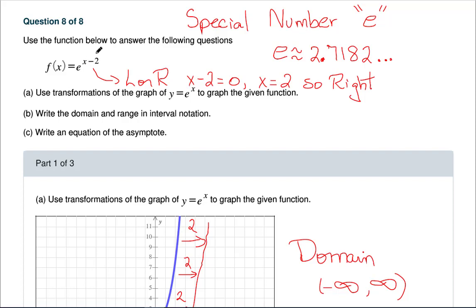So I look at this, I see it's up with the x, so it's a shift left or right. So I get x minus 2 is 0, I get x is 2, and so the graph has got shifted to the right by 2.